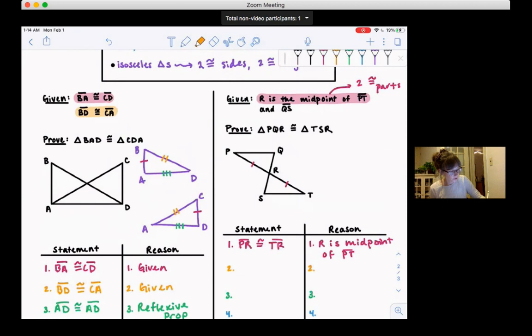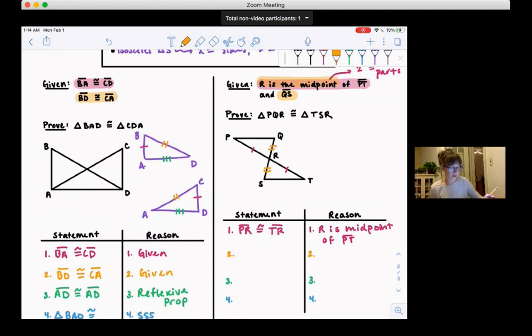Okay, we're also told that R is the midpoint of QS, right? So it's not only the midpoint of PT, it's also the midpoint of QS. So this segment here, QS, that's also being split into two equal parts. So let me just mark those two parts first, and then that might help me know what to write in my proof.